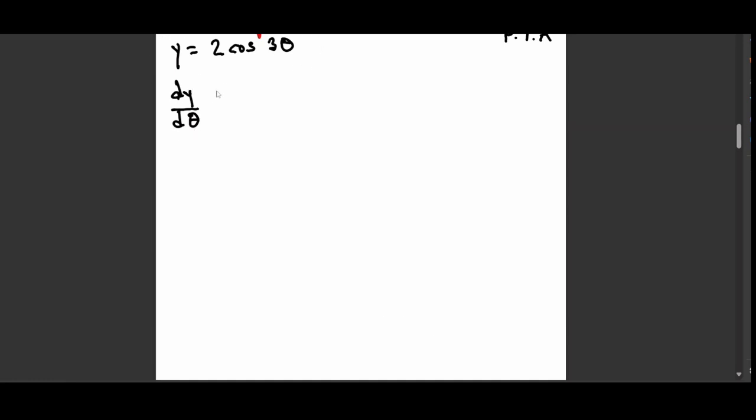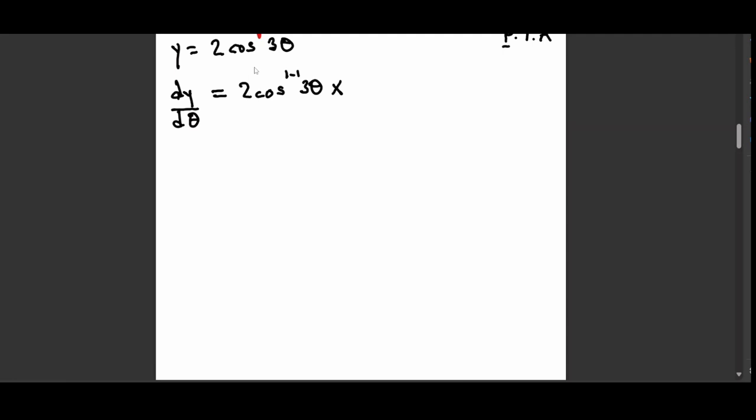So dy d theta is equal to this 1 multiplying this 2. So it's now 2 cos to the power 1 minus 1, 3 theta. So we have differentiated with respect to the power, multiplying the derivative now with respect to the trig.